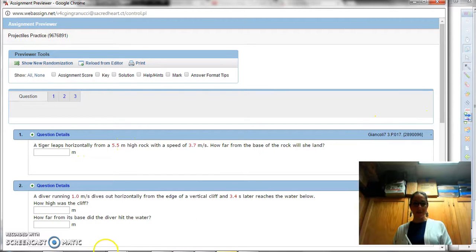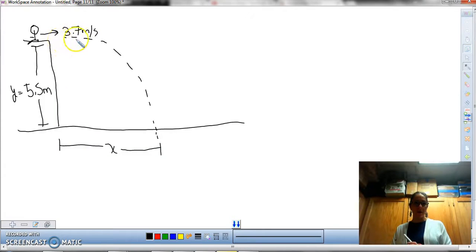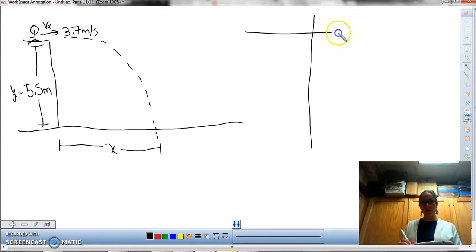When I see that word horizontally, that allows me to draw a horizontal arrow right here, which is my Vx at the start. What I like to do is organize my information in a chart, x and y. My initial velocity is all horizontal, so it goes here.